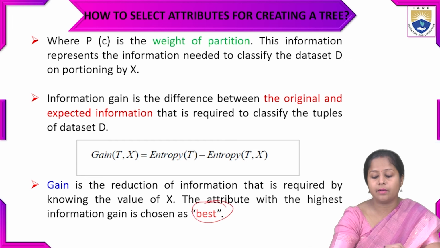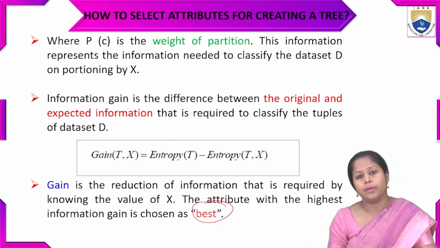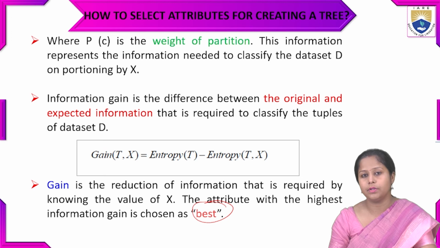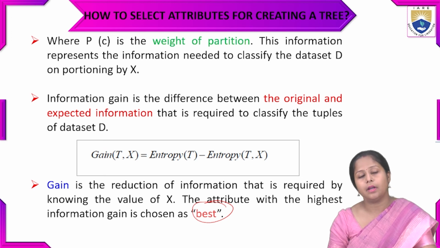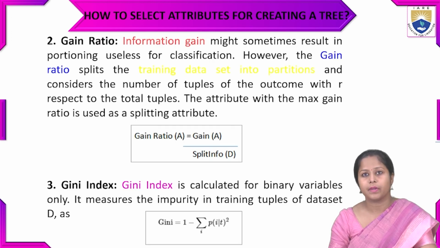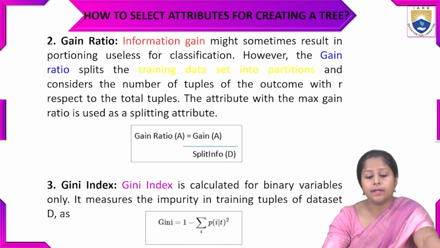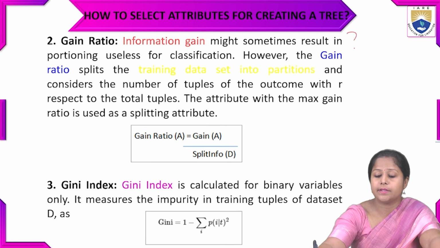So like this we use information gain to measure the different nodes to split on after the root node. The second formula is the gain ratio.